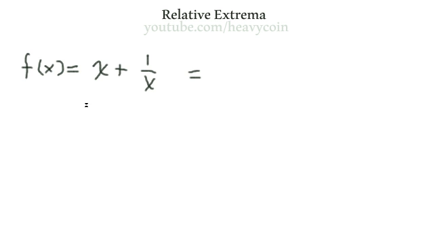So multiplying x over x over here, so we end up with x squared plus 1 over x. Alright, now we're going to take the derivative of this.